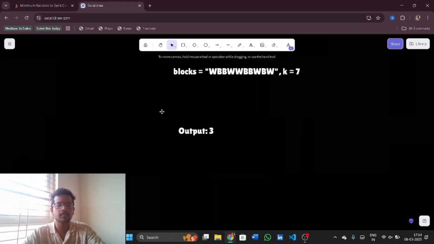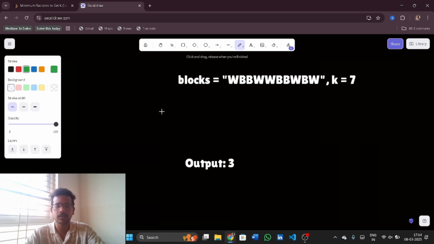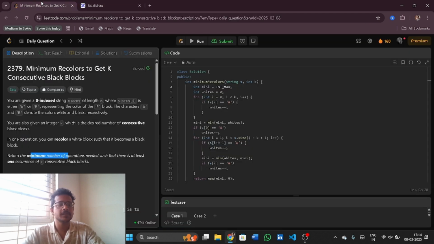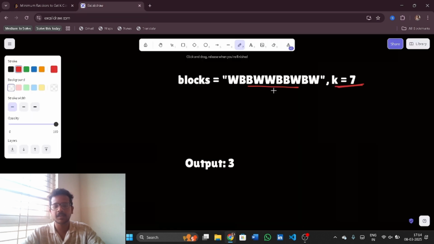Let us take an example and understand what this question means. We are given k equal to 7. I need any substring, or sequence, of k consecutive blocks, so it means a subarray.